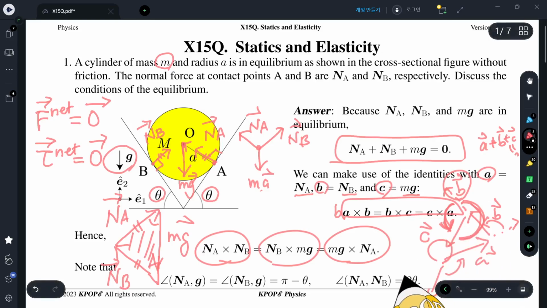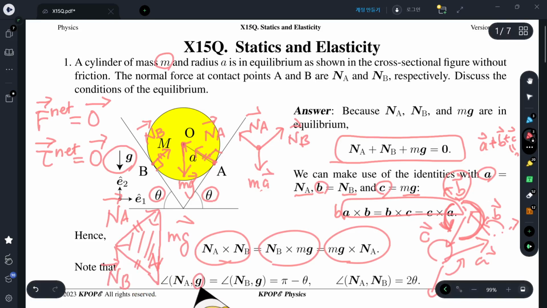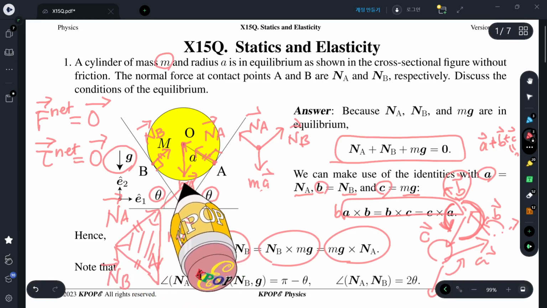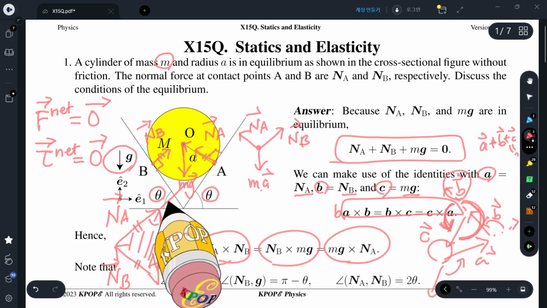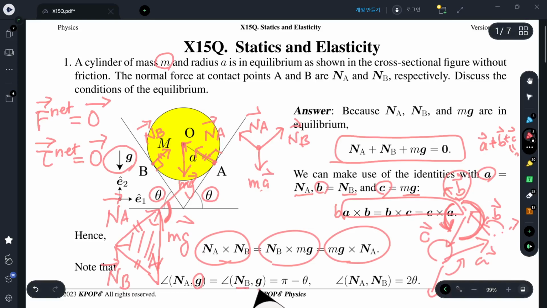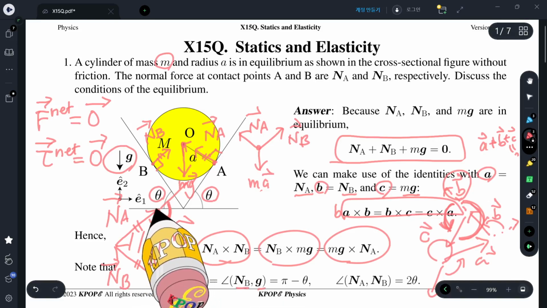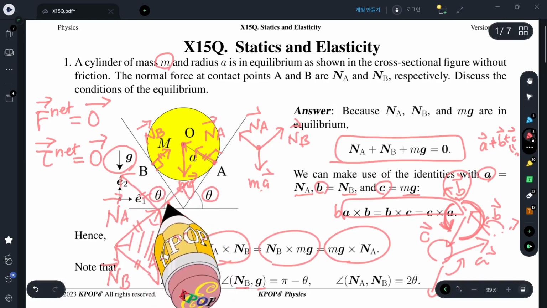Okay. We have another constraint. We have NA in here and the angle between NA and G. So this is the angle between NA and G. And then NB and G. NB is in here. And we translate this one here because of the symmetry.